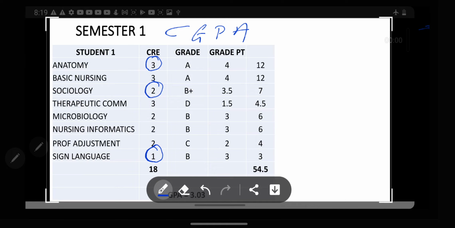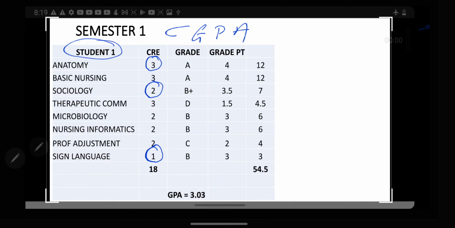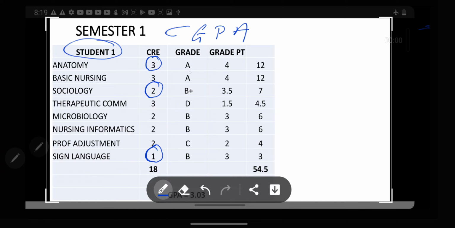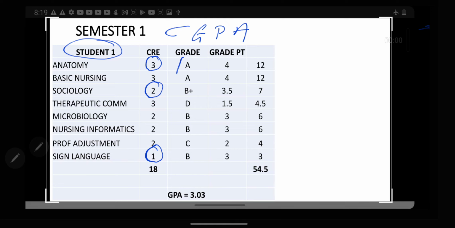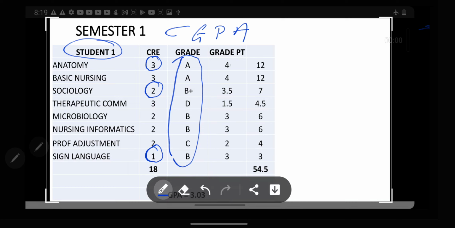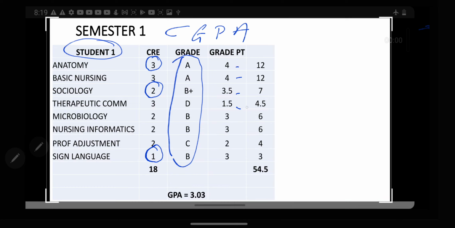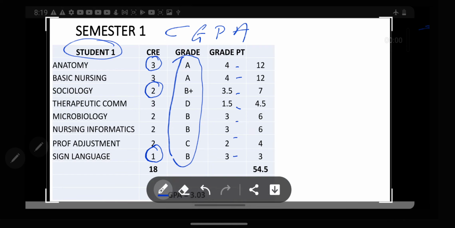But in this video, we have student 1 who has scored A in anatomy, A in basic nursing, and some other grades. These are the grades the student got, and these are the grade points of each of the grades. Most of the time, the student's interest is only in the grade, but they don't check the grade points.